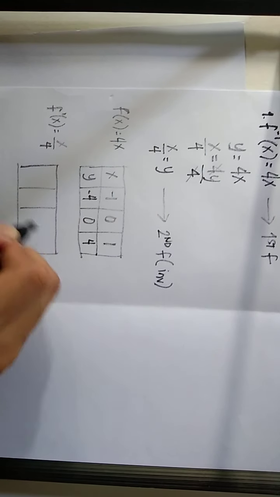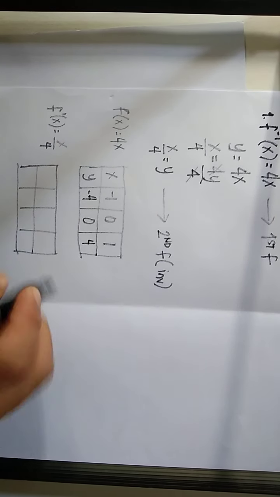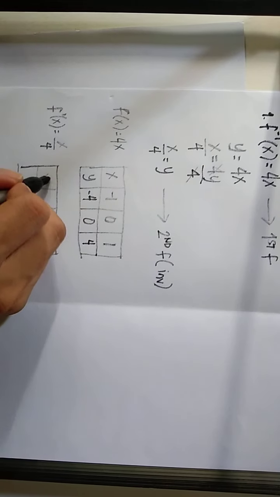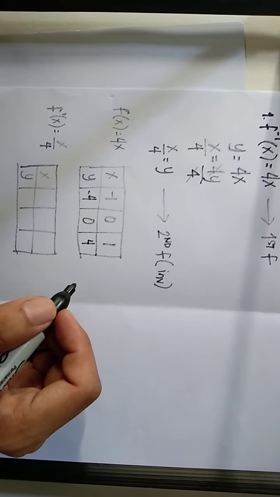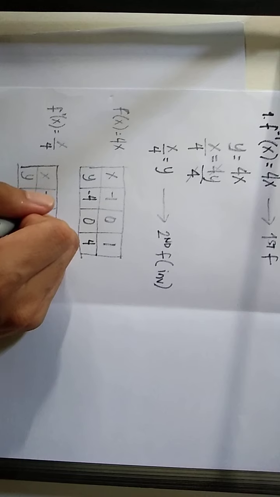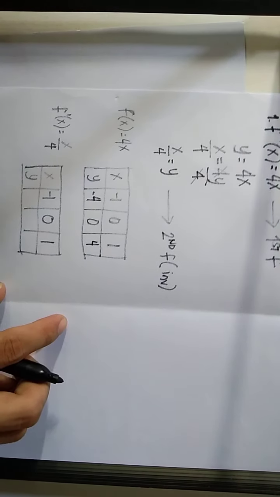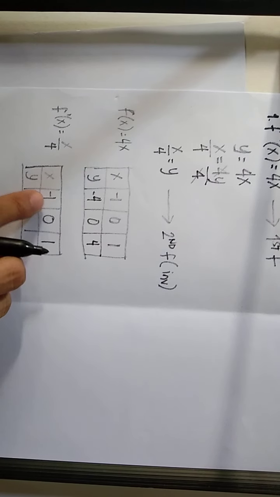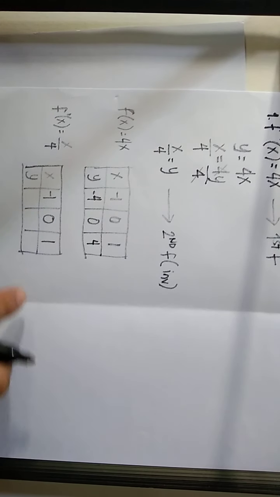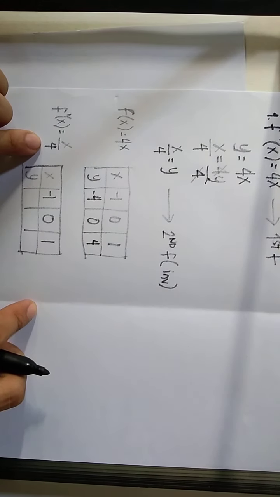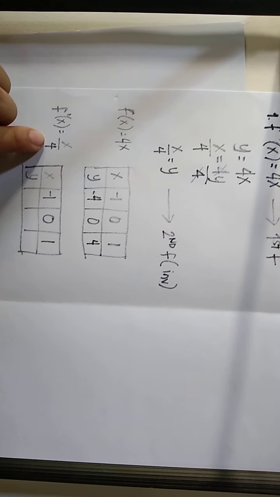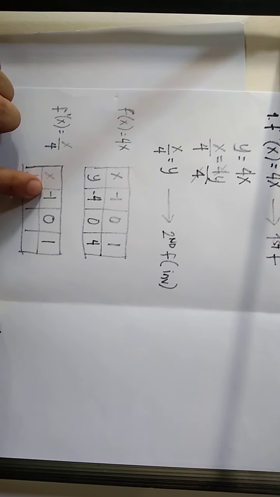with 3 points. So we have x and we have y. And then we're going to have negative 1, 0, and 1. Ngayon, isa-substitute lang natin yung values na ito in our equation, our function, which is x over 4. So we have x over 4.